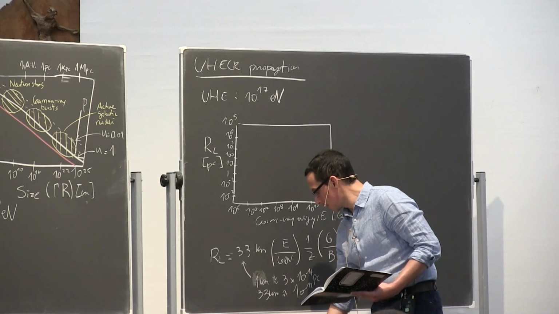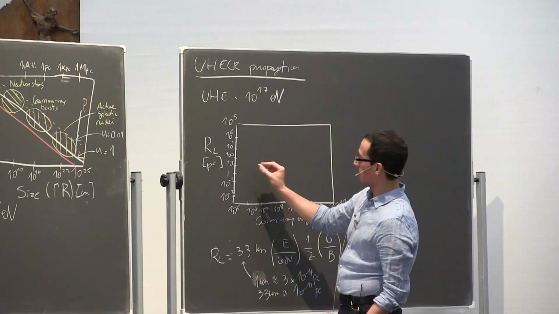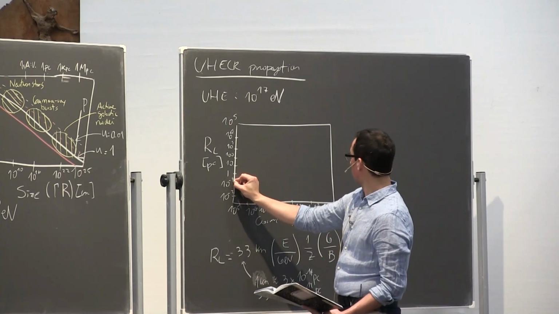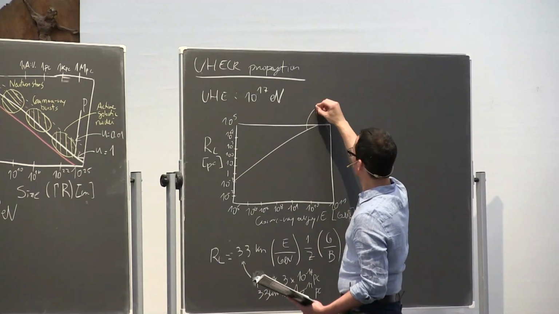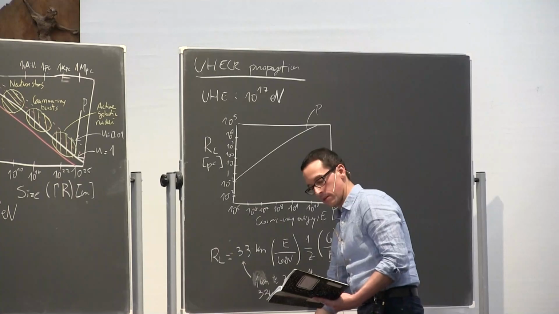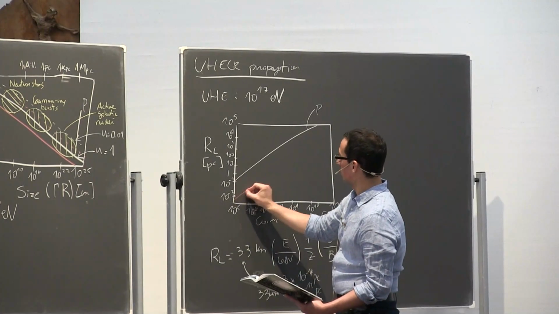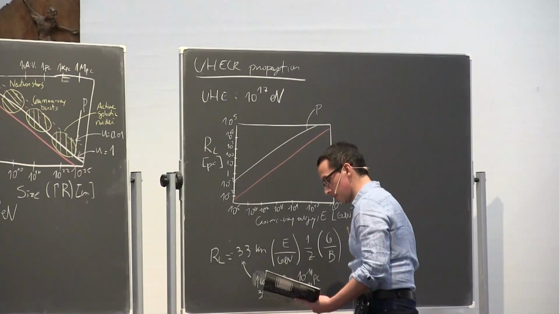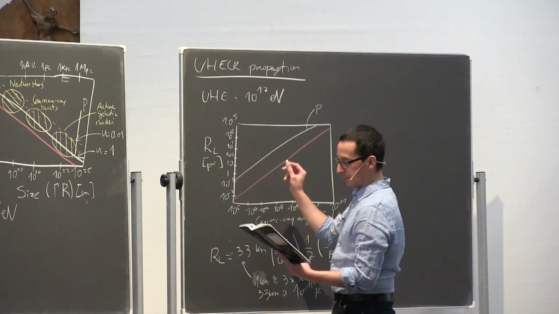If we plot now the Larmor radius for protons as a function of energy, then that will put us roughly along this line. If we do that for iron, which is Z of 26, as I said before, that puts us along this line. This should be parallel, sorry if it doesn't look like that. But what matters here is the following.